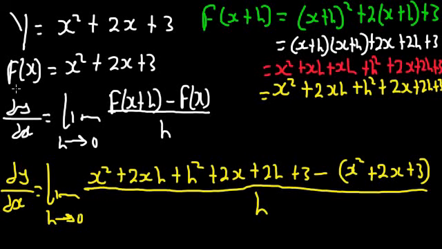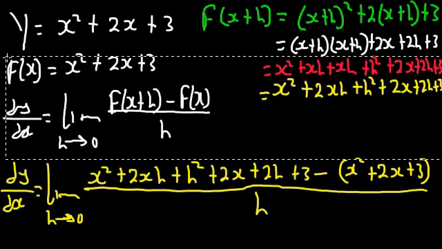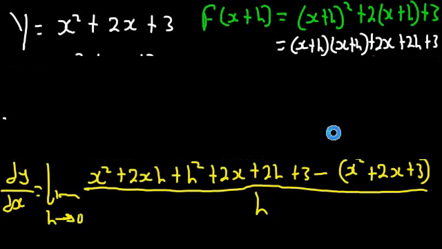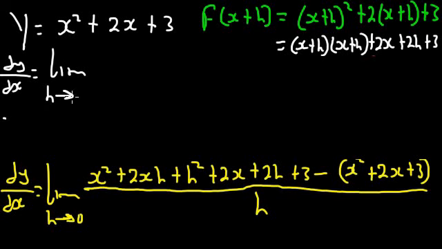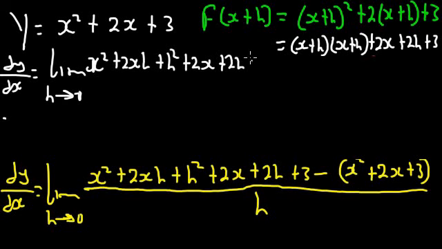So we are out of space. Okay, so right now, simplifying forward, dy/dx is now equal to the limit as h approaches 0 of x squared plus 2xh plus h squared plus 2x plus 2h plus 3.